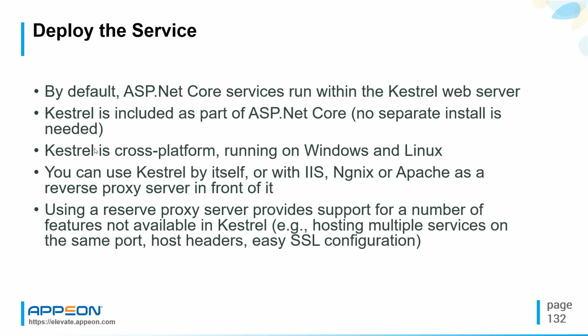I'm actually going to use IIS as the reverse proxy for Kestrel. The argument for doing the other is that Kestrel apparently is very fast, and you may actually be slowing yourself down by using one of these more bloated web hosting environments. But anyway, it's a trade-off, and you can decide which way you want to do that.